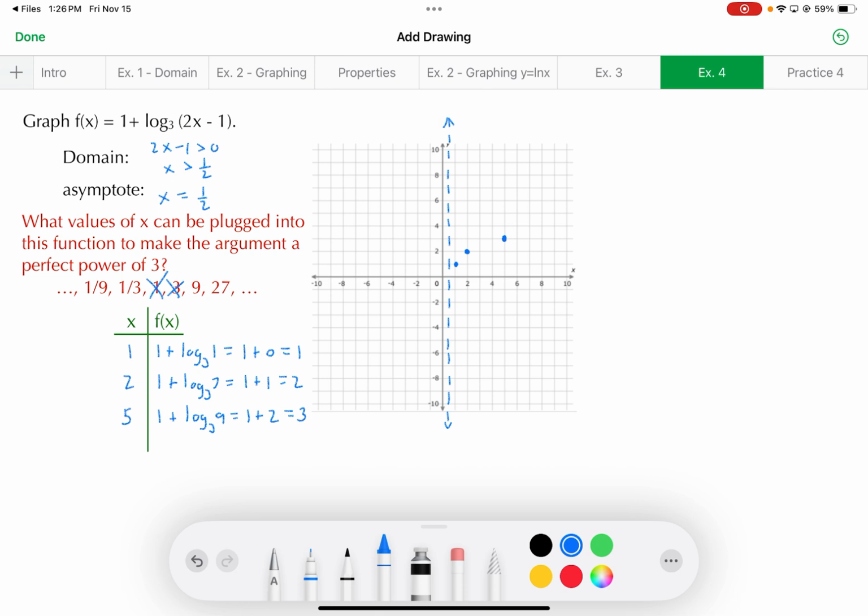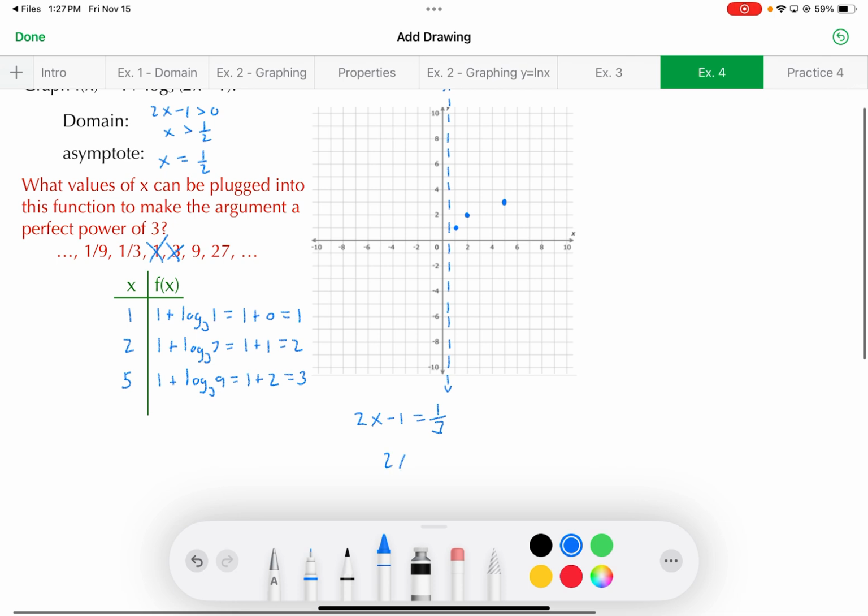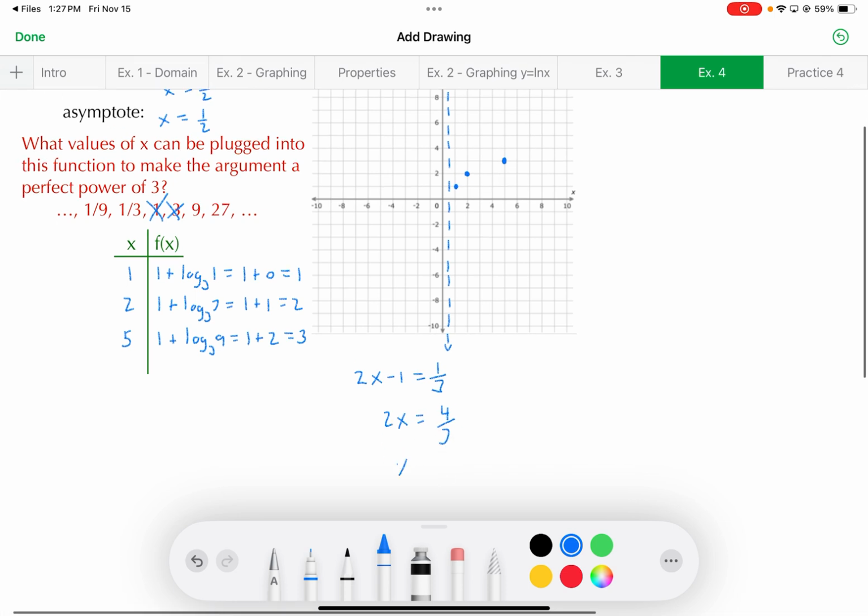All right, now again, if you want to see the behavior near the asymptote, you have to go into the fractions there. This one's a little trickier to do in your head. Let's say I want the 2x minus 1 to produce 1/3. To solve that, 2x would equal 4/3. Divide by 2. X would equal 2/3.